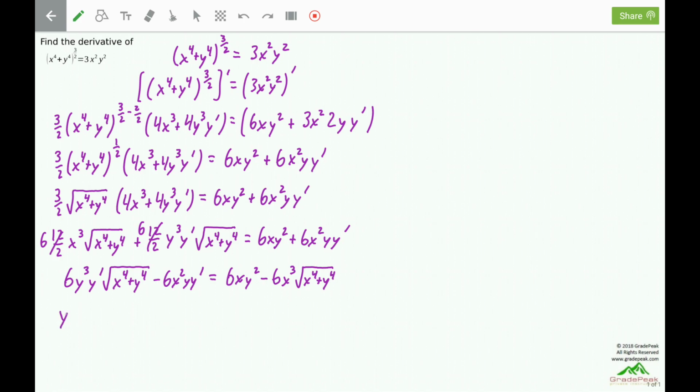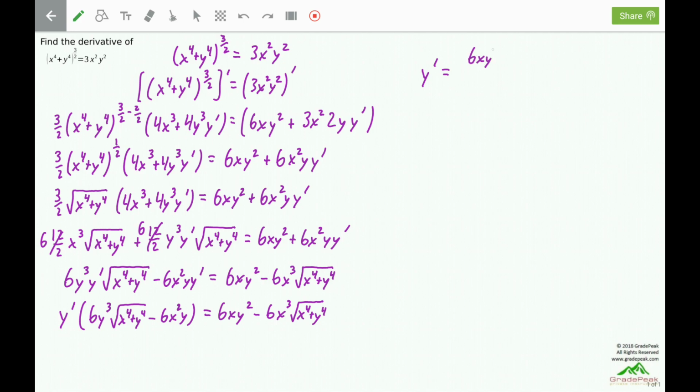On the left side, we can now factor the y prime out, leaving us with 6y cubed times the square root of x to the fourth plus y to the fourth minus 6x squared y, equals, and on the right side, we'll leave it as is. We can now divide both sides by what's inside the parentheses on the left side to give us y prime isolated.